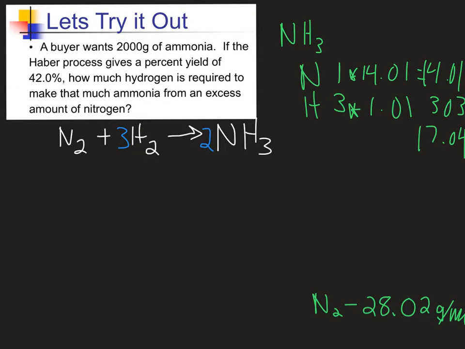And so we actually have to do a calculation that we haven't really done and utilize our 2,000 of our actual over our theoretical. I'm going to convert my percentage into a decimal right out of the way to give us 0.42.